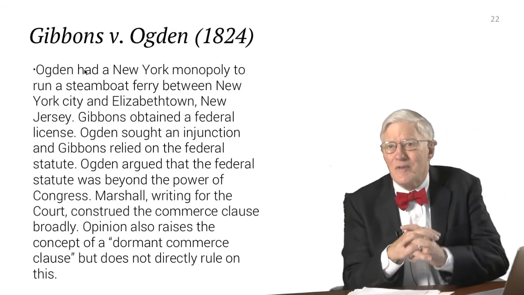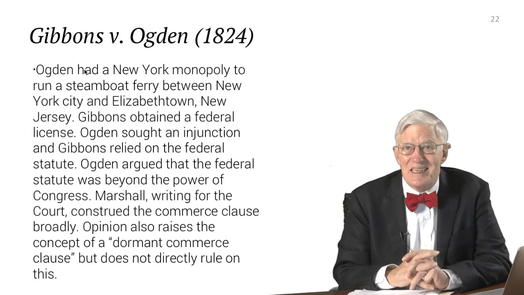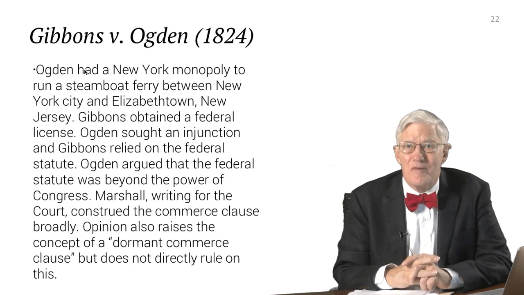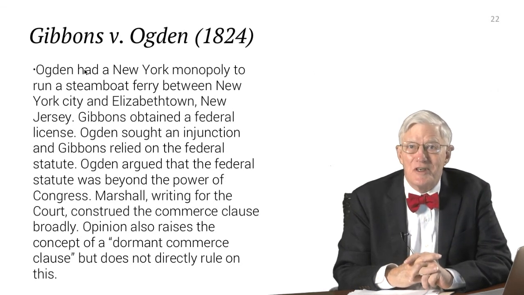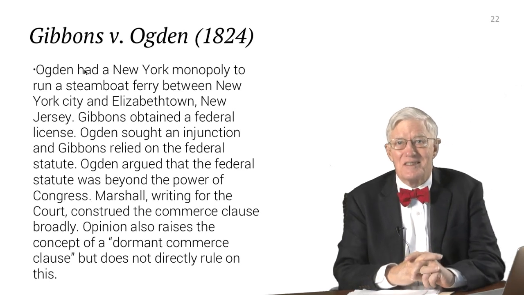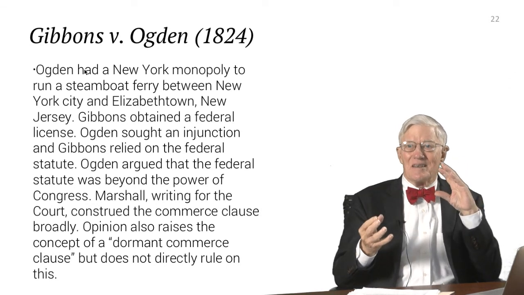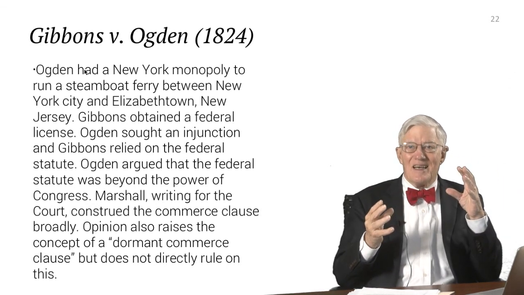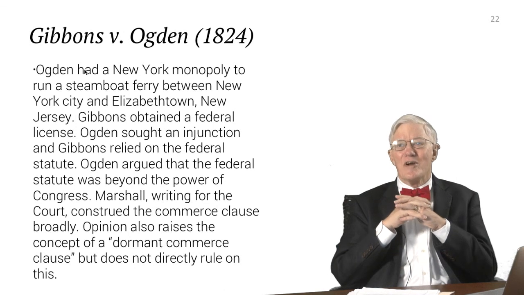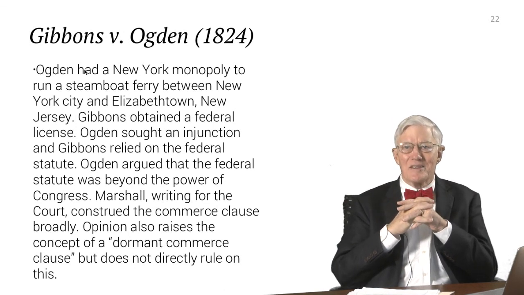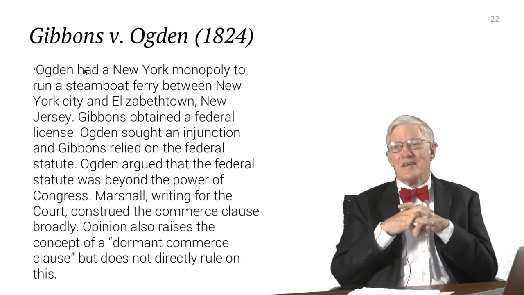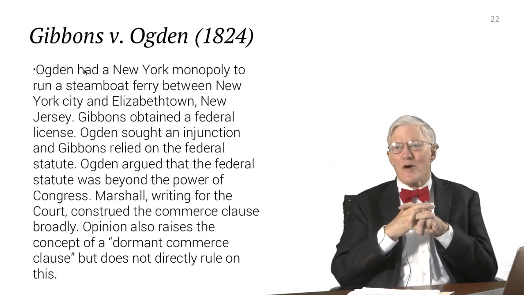Gibbons versus Ogden was that famous navigation case decided in 1824. Ogden had a New York monopoly to run a steamboat ferry between New York and New Jersey, and Gibbons obtained a federal license, and so the conflict is now between a state monopoly and a federal license. And so we've got a very clear issue relating to the Commerce Clause, and here we see strong hints of the possible development of a dormant Commerce Clause.